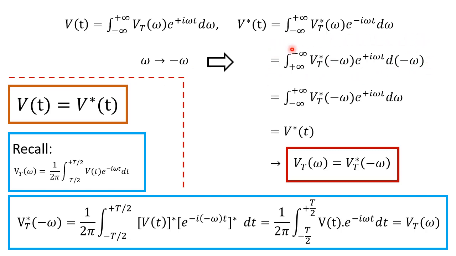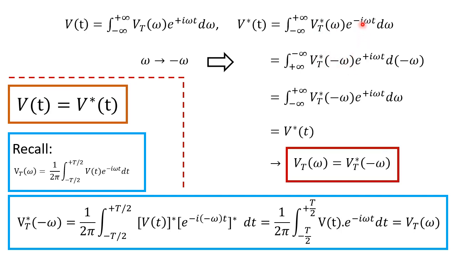You need to change now the limits of integration, because omega goes to minus omega, plus infinity goes to minus infinity. So my limits of integration go now from plus infinity to minus infinity. My V_T of omega star is going to V_T star again, but of minus omega.